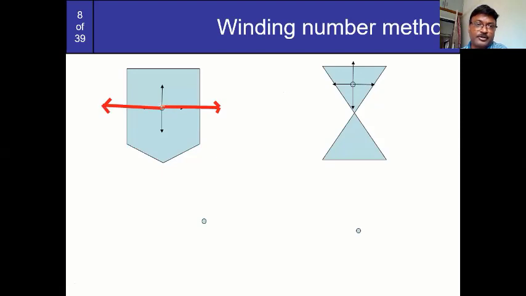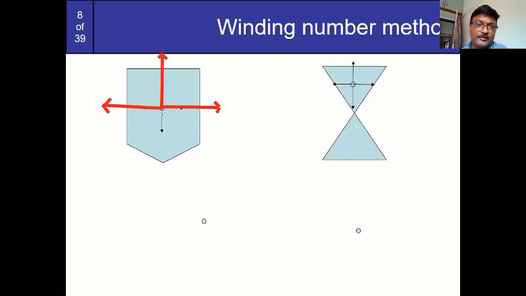Again I trace here, that is y plus, and here y minus. Now this is going to intersect this line, this is also another intersection, and again another intersection. So when I trace this point with x plus, x minus, y plus, y minus, all the edges are going to intersect, which means this point is inside the polygon.